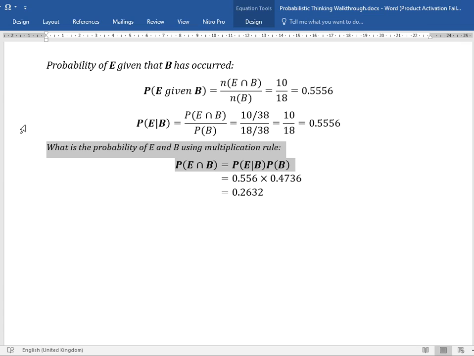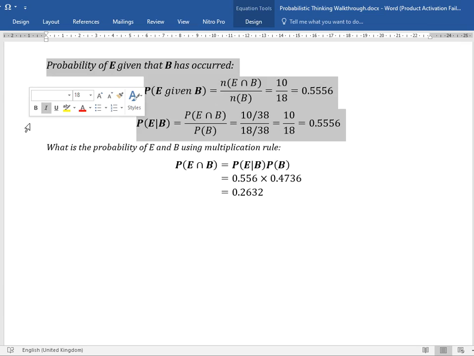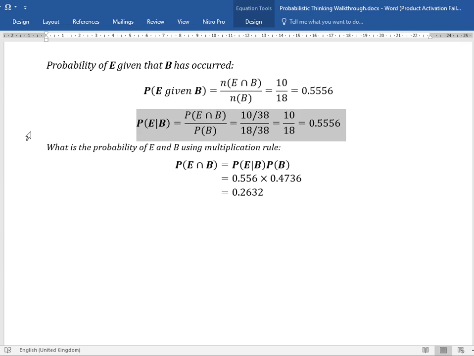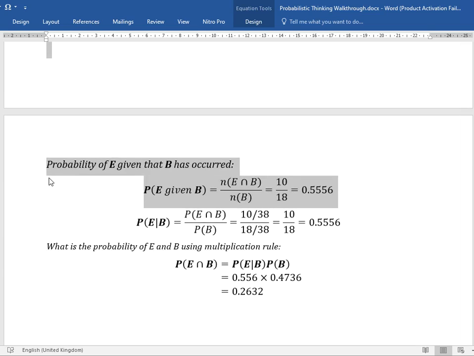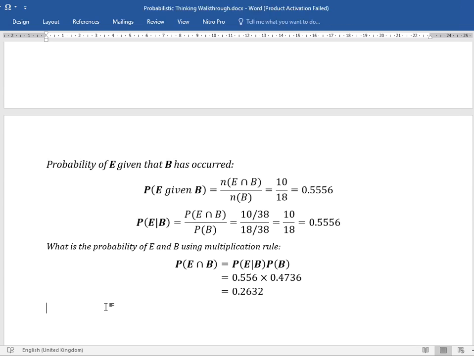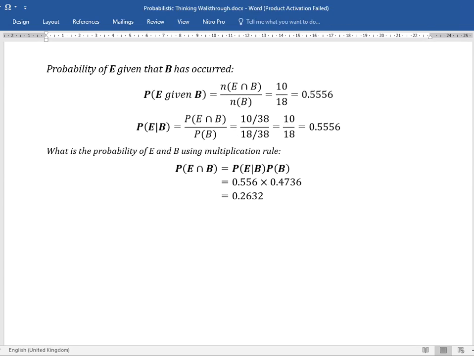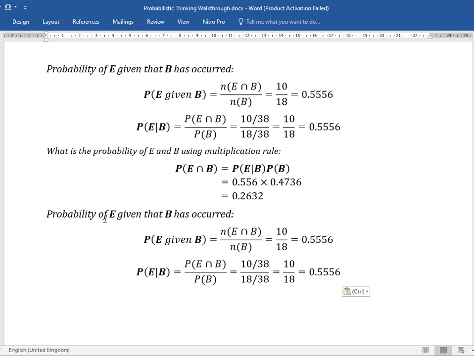Is the probability of R given B also the probability of B given R? No, it's different.